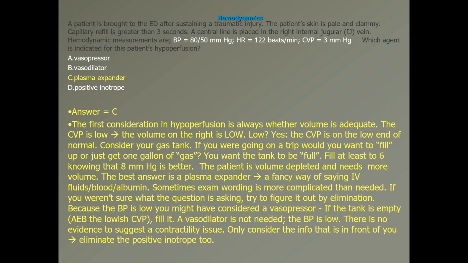If you had no gas in your tank, you wouldn't fill it with oil. You're going to fill it with gas, because that's what keeps that car going. Same thing with blood. You need blood. Patient has to have oxygen carrying capacity, so if they've lost blood, they need to be given blood. Make sure you know about blood transfusions.